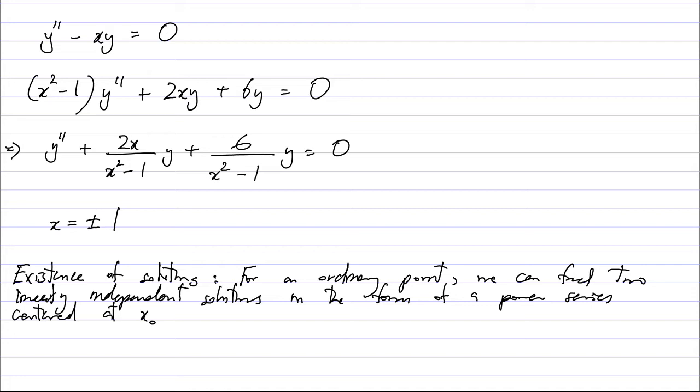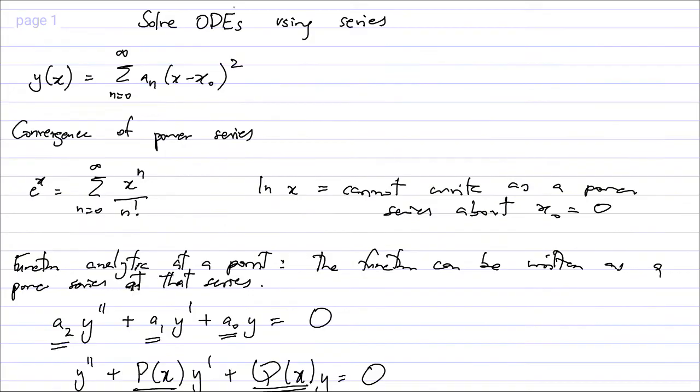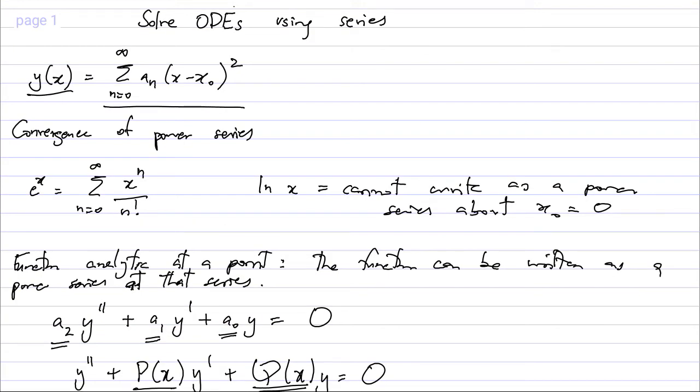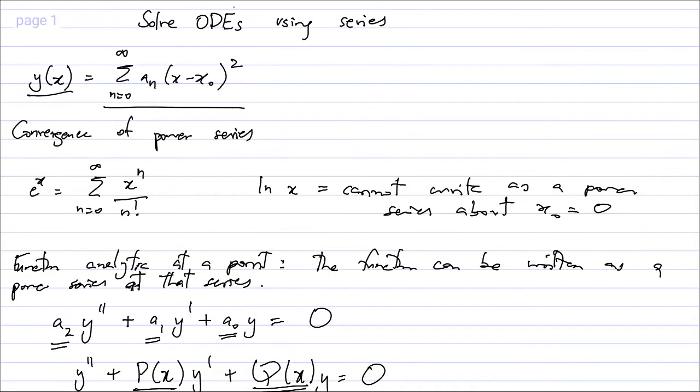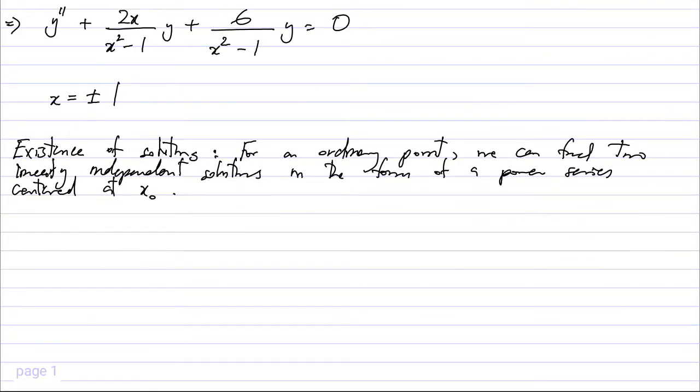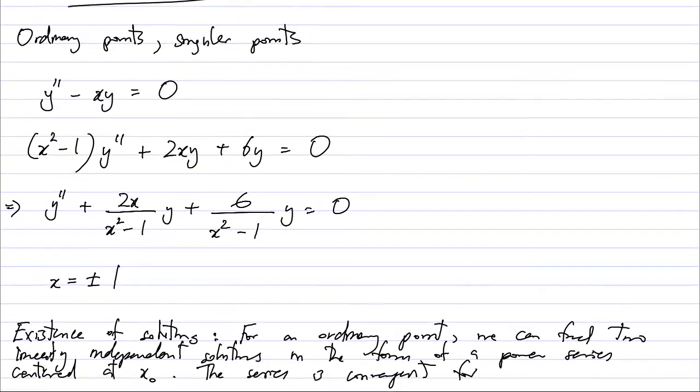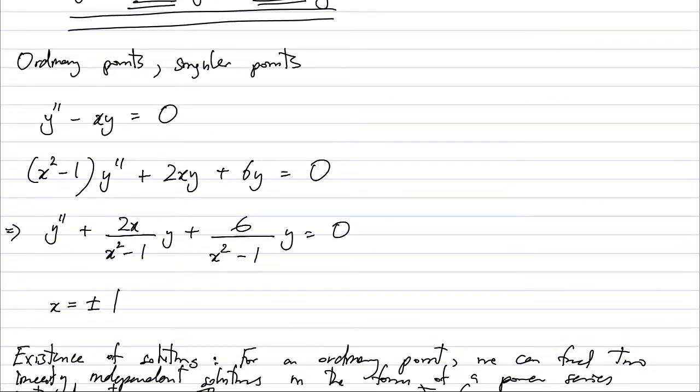You also have that the series that you write down for y of x is convergent for mod x minus x naught less than R, at least this much convergent, where capital R is essentially the radius of convergence for the functions p of x and q of x, loosely speaking.